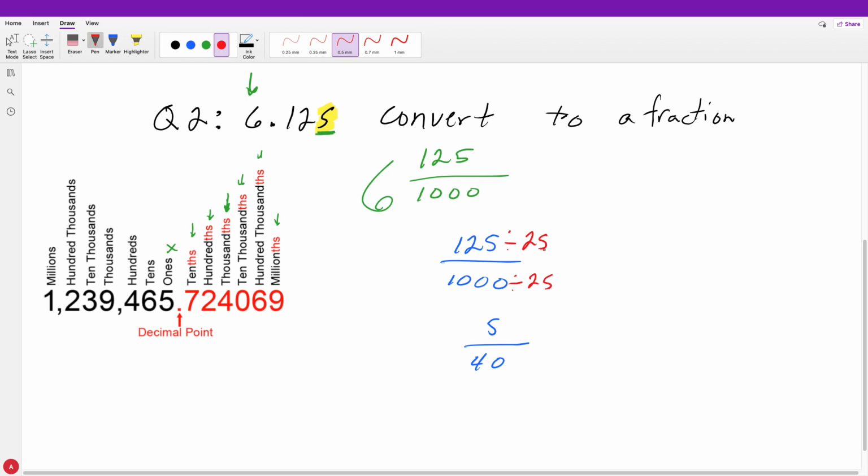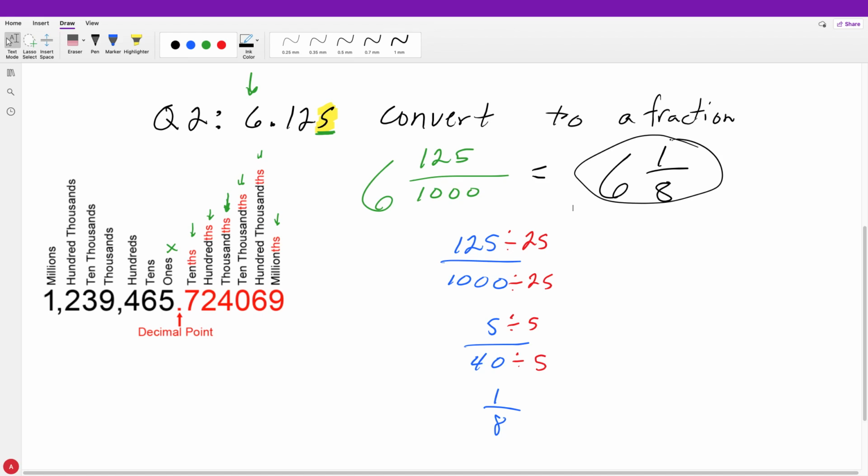Then I say, okay, 5 and 40 are both divisible by 5, so I'm going to reduce this by 5. 5 divided by 5 is 1, 40 divided by 5 is 8. So this 125 over 1,000 reduces to 1/8. That means this as a fraction is 6 1/8, which we know it was because we just converted that fraction.